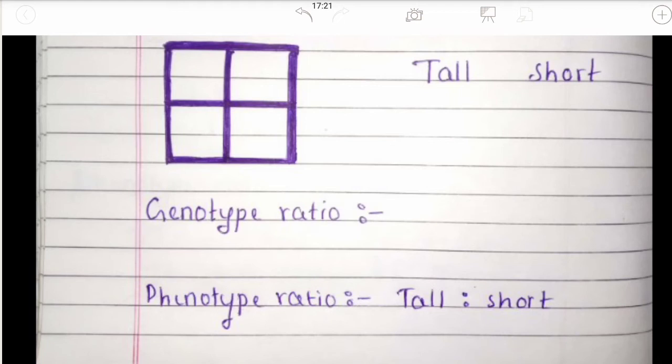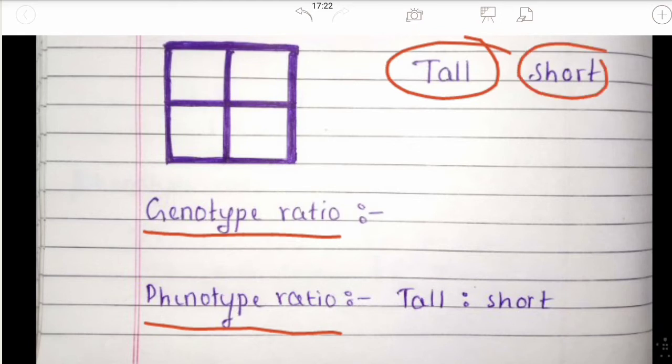Let us calculate the genotype ratio and phenotype ratio with the help of the Punnett square. As Mendel took tall and short plants, similarly in the Punnett square we will take a tall plant and a short plant. We will denote the tall plant by capital T and the short plant by small t.